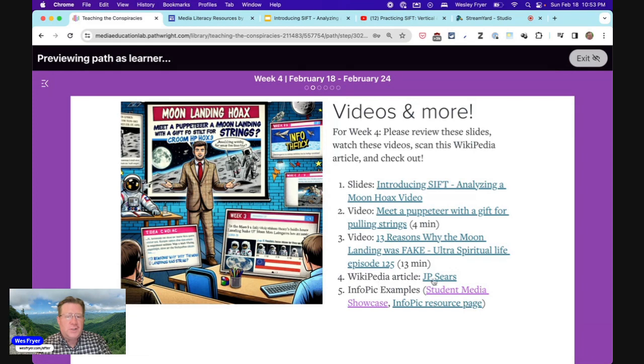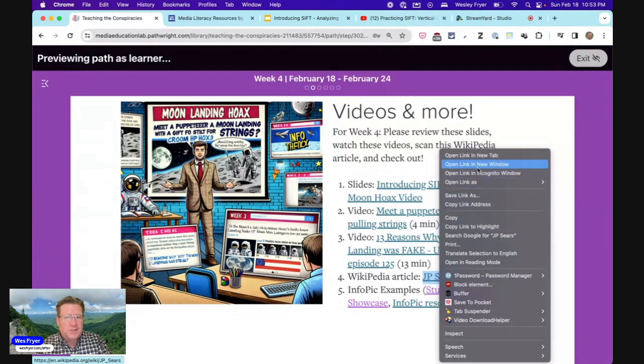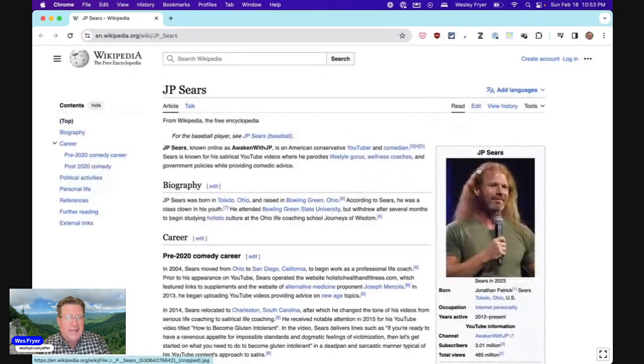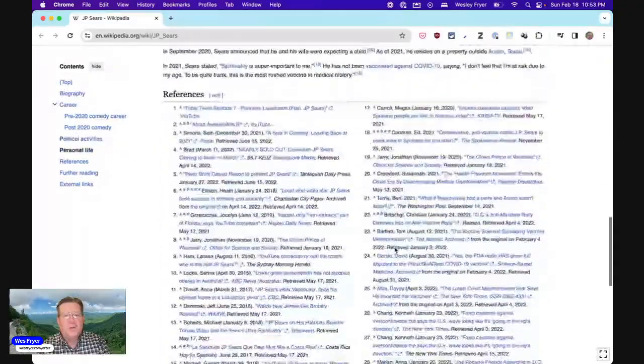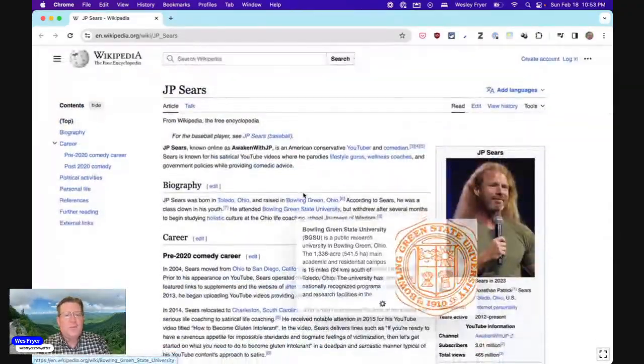One of the most important skills that we're going to talk about and model in this course is lateral reading. And so one of the lessons that I teach my students prior to this lesson, and it's in the links that many of you may have done before week 1 started, is the Wikipedia Launchpad lesson. Learning about how Wikipedia articles work, how we can go down to the bottom and use references, we can really vet someone.